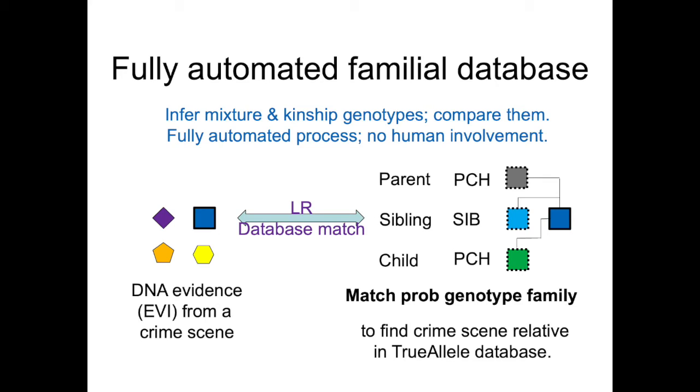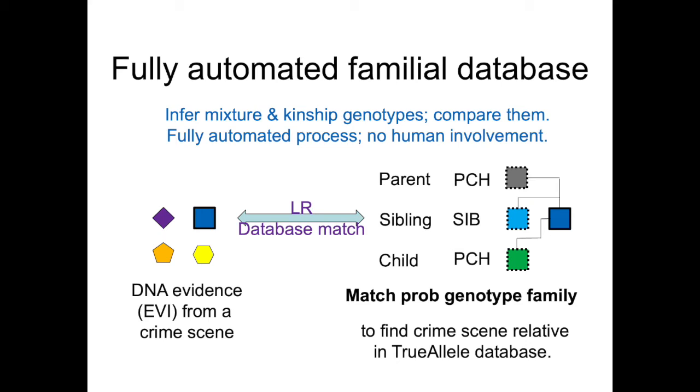On the left, we see how TrueAllele can separate complex mixtures into the probabilistic genotypes of each component contributor. That's from a crime scene. On the right, we see how reference samples on a DNA database can be expanded into the family genotypes of their unknown relatives.